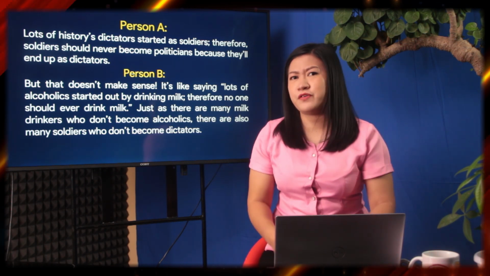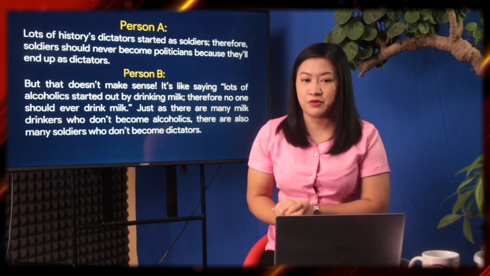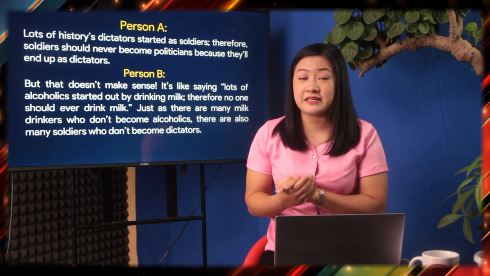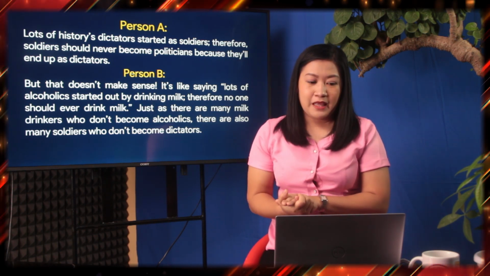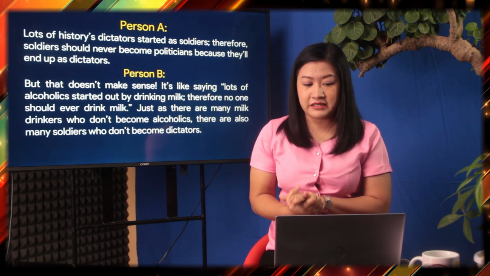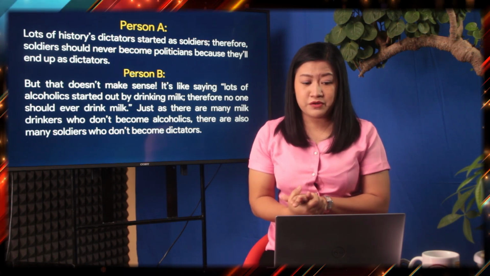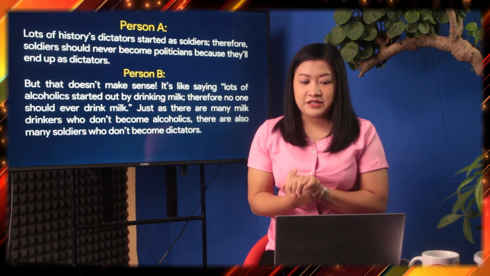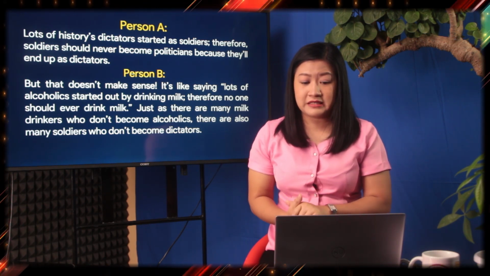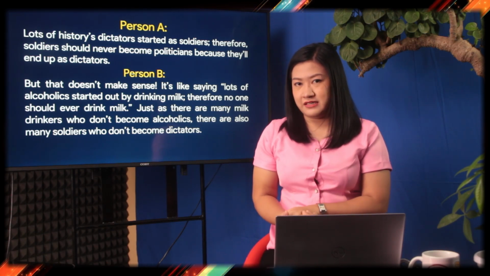Okay, but if you are not convinced, you may counter that argument. You may say that, hey friend, I am sorry, but I disagree with your statement. That doesn't make sense. It's like saying lots of alcoholics started out by drinking milk. Therefore, no one should ever drink milk. Just as there are many milk drinkers who do not become alcoholics, there are also many soldiers who do not become dictators.